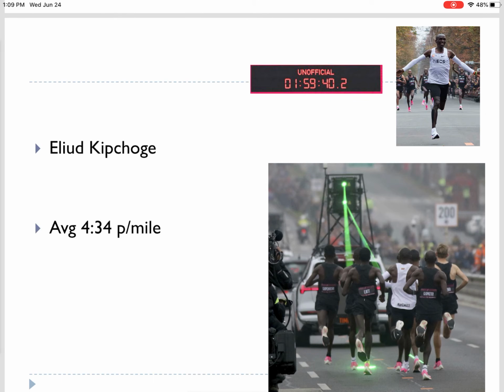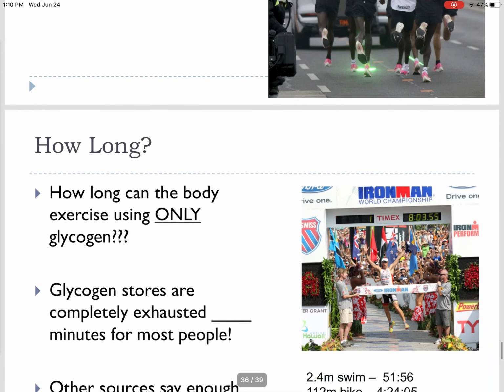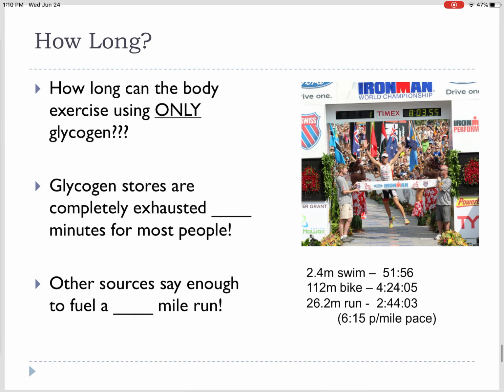That was to help him pace appropriately, and also to maybe shield him a little bit from some of the wind. Also, there was that car in front of him with the green light, to make sure that he was running the shortest possible distance on that route. But absolutely amazing.